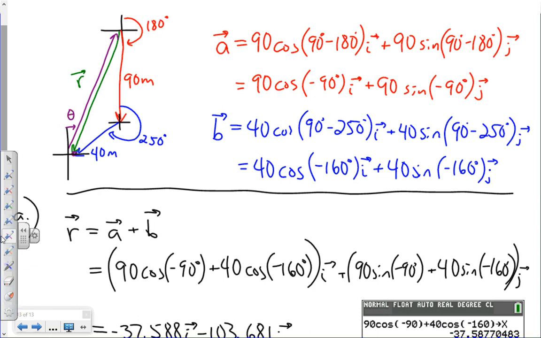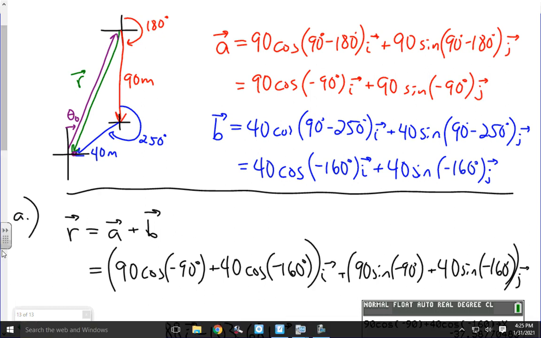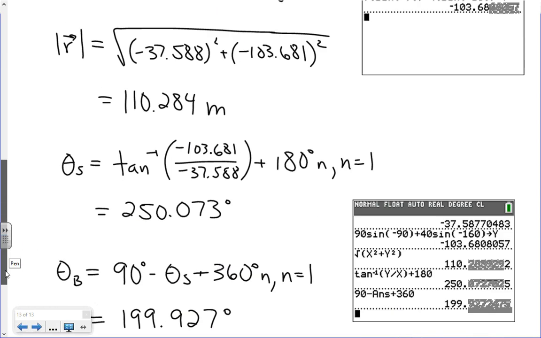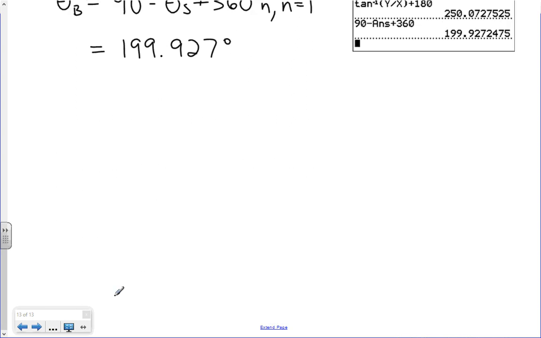Okay. What's that angle? Maybe I'll call it theta. Well, it's a vector that's in the opposite direction. So let me call it theta sub O maybe for opposites. But we're headed in the opposite direction there. Well, the nice thing about that is finding vectors that are in opposite directions is pretty straightforward.